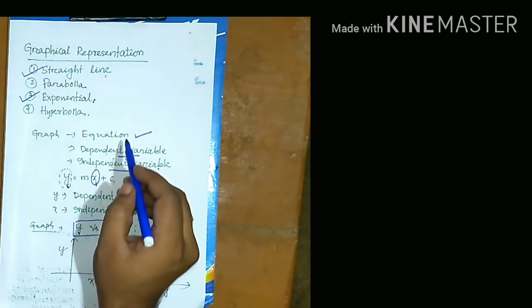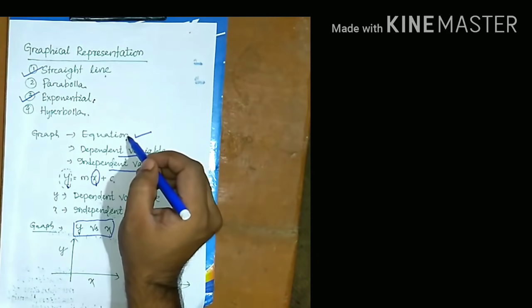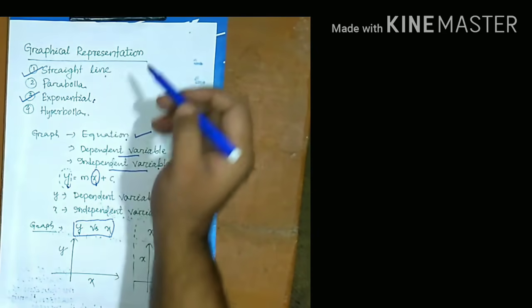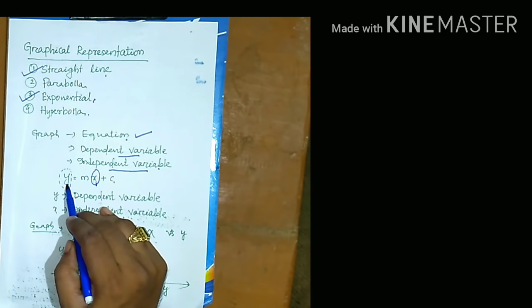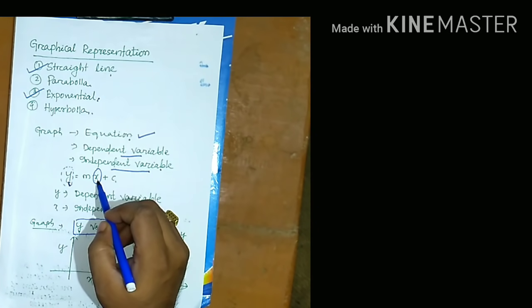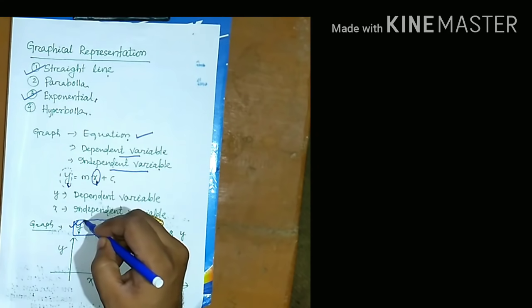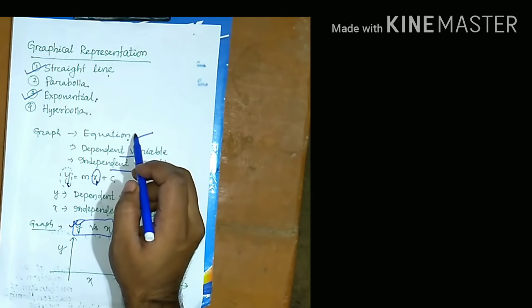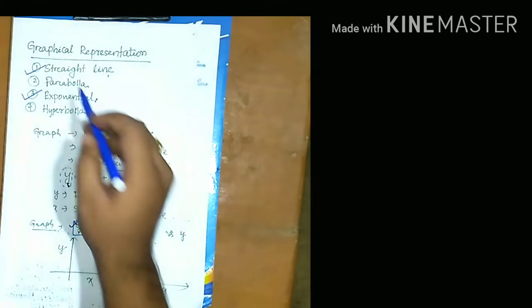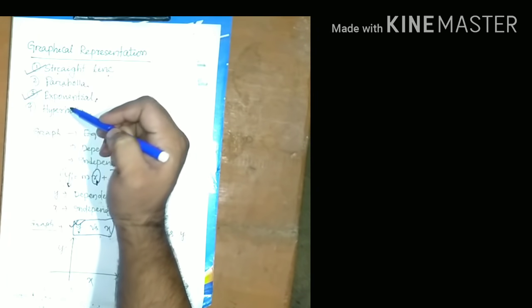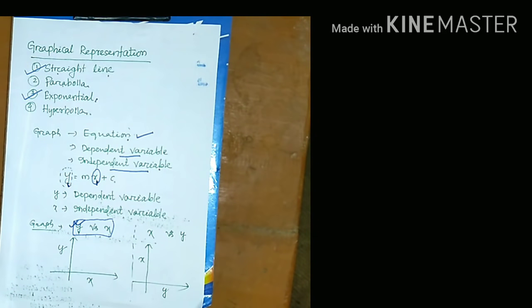Now in the graph, what is important is the equation, and there are four types of equation dealing with the dependent variable and independent variable. Here I am focusing mostly on the y versus x curve. And depending on the type of equation, there are four types of graphs: straight line, parabola, exponential, hyperbola. Let's go to that equation part.